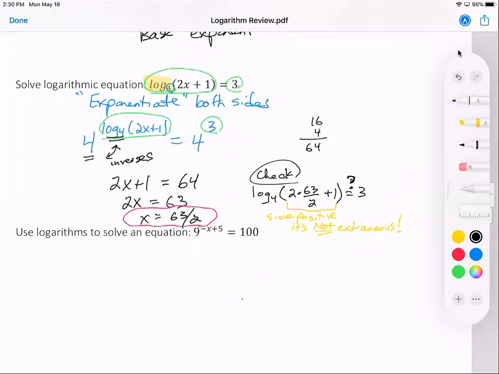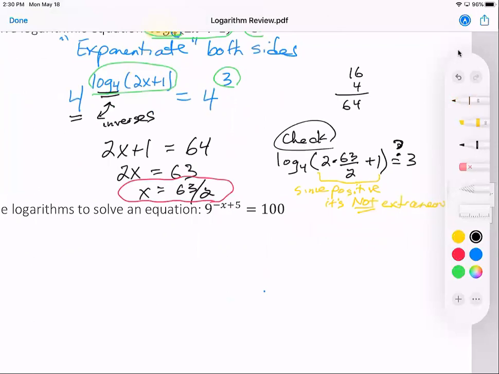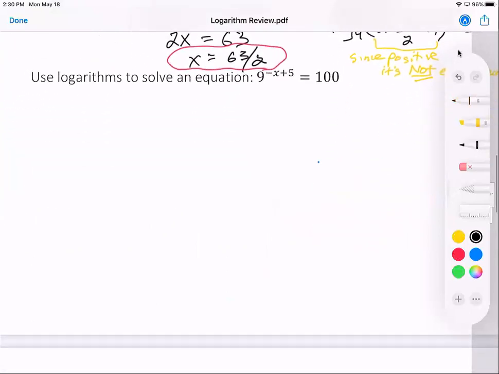Also, we'd like you to be able to use logarithms to solve equations such as this one. We have 9 raised to the negative x plus 5 equals 100. To solve this, we're going to log both sides. Anytime you have a variable up in the exponent like that, to get it down from the exponent, we're going to log both sides.